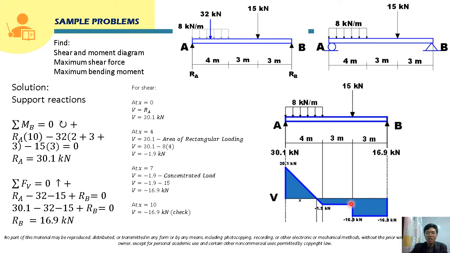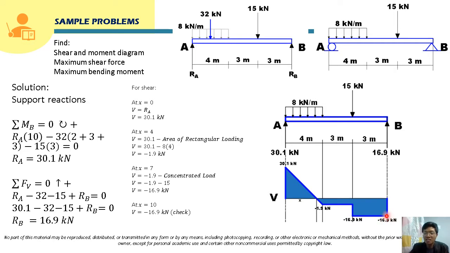At this point, since there's a concentrated load that is downward, our shear will become negative 1.9 minus 15, and the value for that is negative 16.9. So negative 16.9 is somewhere here. This is negative, so it will still be plotted below the x-axis. Since there's no loading here, it will be constant, so from this point up to this point, this is negative 16.9 kilonewton.